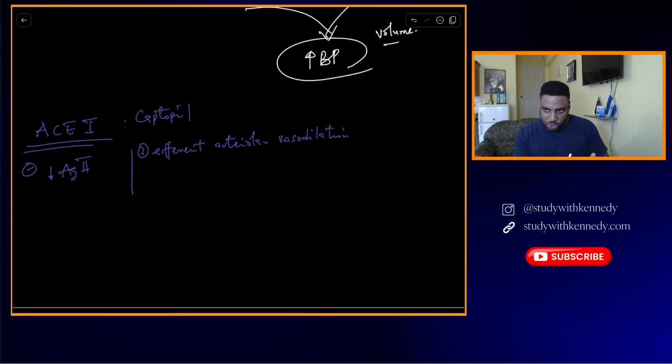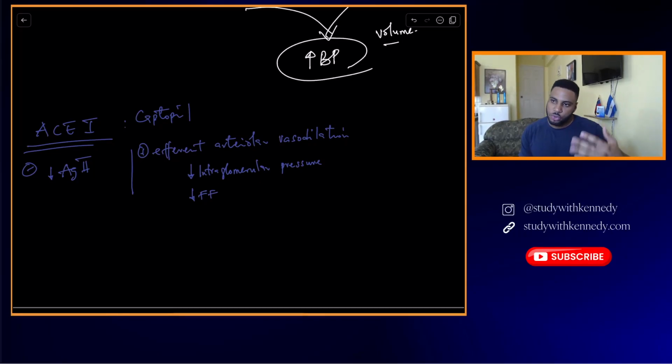If there is no angiotensin 2, there is nobody causing vasoconstriction to the efferent arteriole. If nobody is causing vasoconstriction, then we are going to have vasodilation of the efferent arteriole. If we have vasodilation of the efferent arteriole, this will decrease intraglomerular pressure. Basically the opposite of what we had before. And potentially decrease filtration fraction.